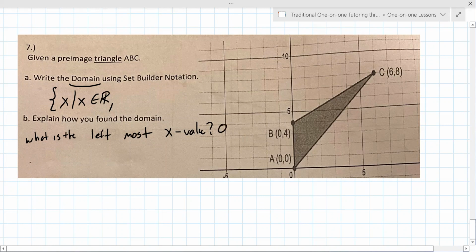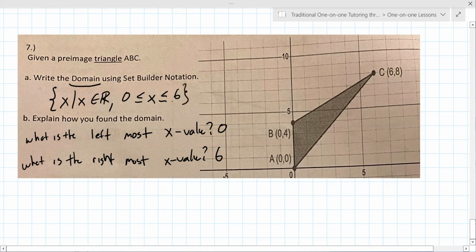What is the rightmost x value? 6. Yes. So that means x is between 0 and 6. Now it can include 0 and 6.